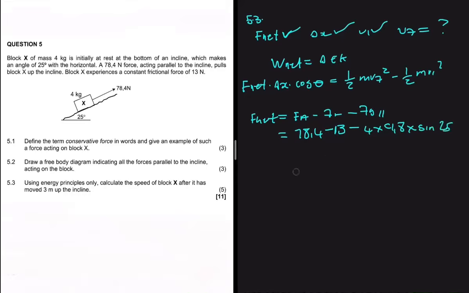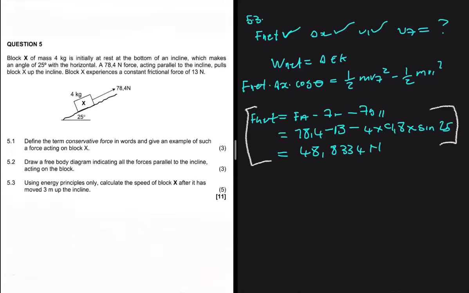If we put that in our calculator, we should be able to find F net. Let me just do that real quick so that we can see what we have here. So our F net is equal to 48.8334 newtons, right? Now we can substitute in our equation and solve our problem.